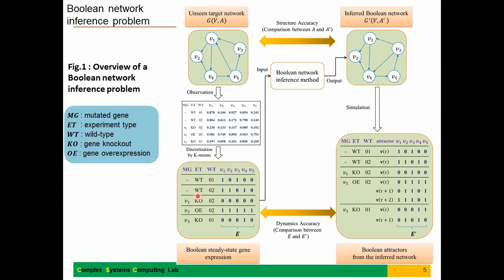For example, on the left side we have five elements corresponding to five new phenotypes. So on the right side we must conduct simulation on the inferred Boolean network to make five attractors with configurations similar to the experiments on the left.